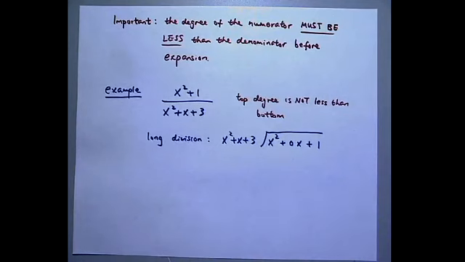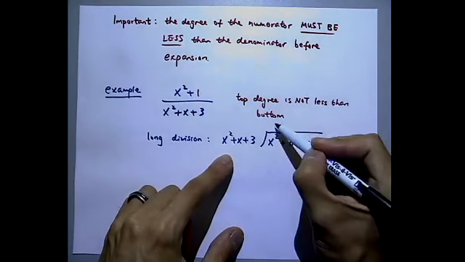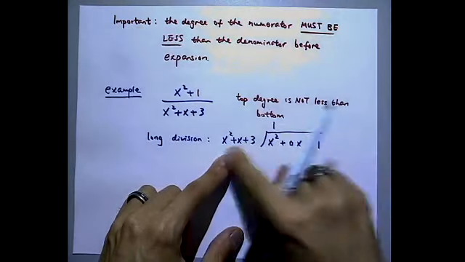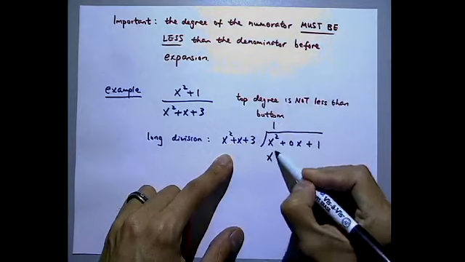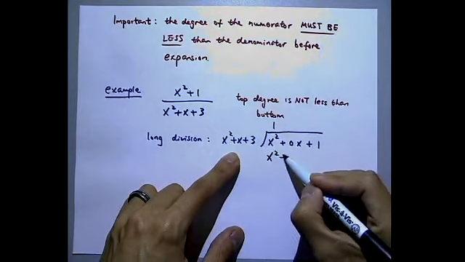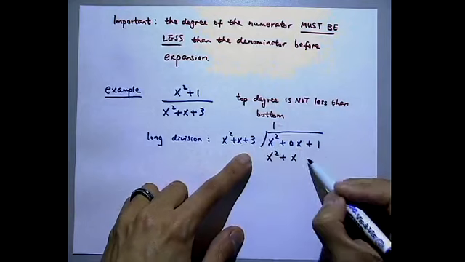When's the last time you did long division? All right, let's do it. Okay, so let's divide things out. I need a 1 here, right? 1 times x squared plus x plus 3.